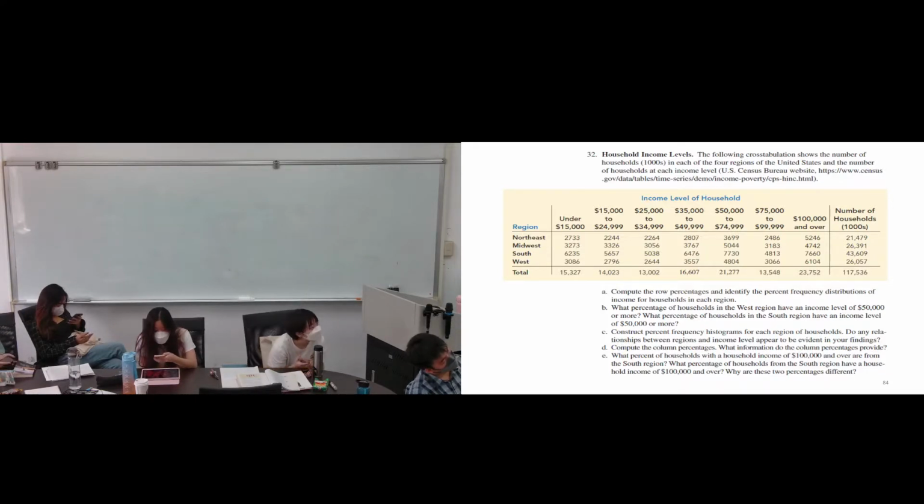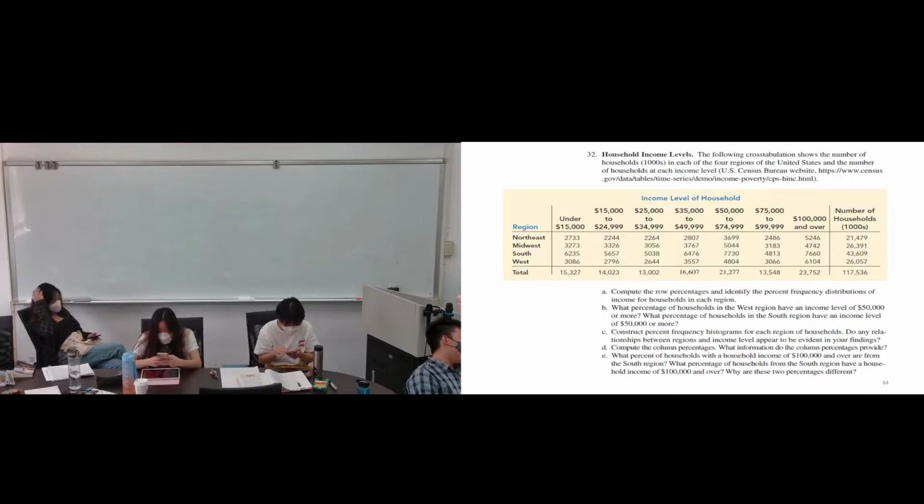One is the region. The other one is the income level of households. So we use the cross tabulation table to describe the relationship between region and income level. Question A asks us to compute the row percentage and identify the percent frequency distribution of income for households in each region. So question A asks us to convert the table into row percentage.